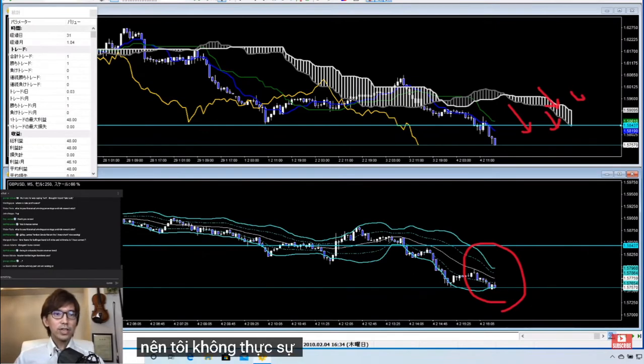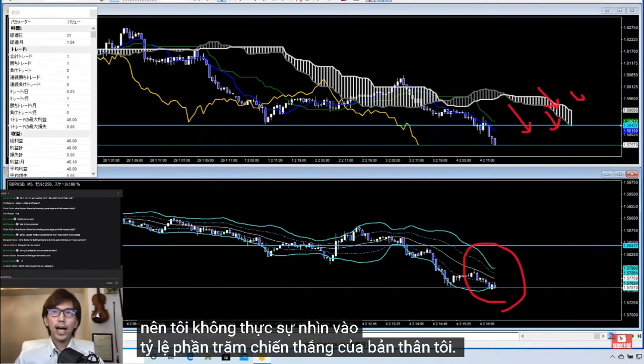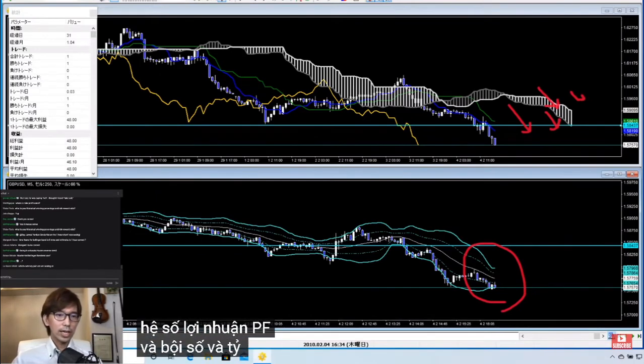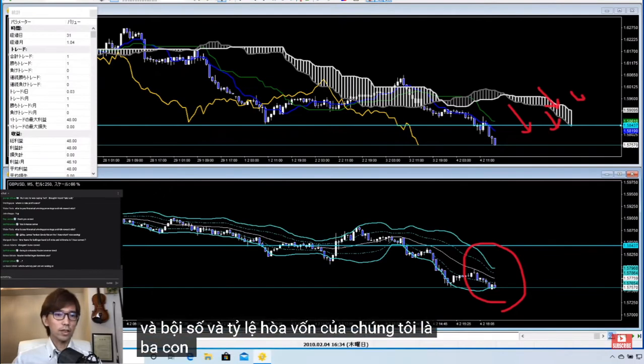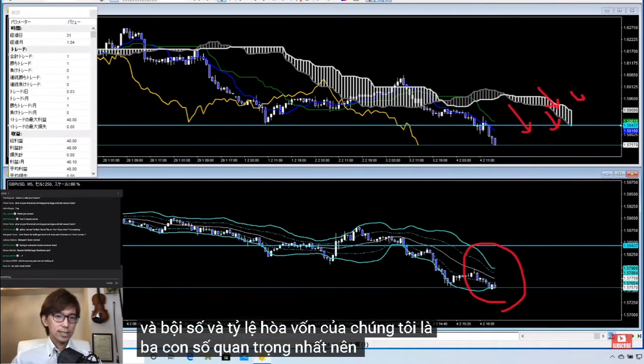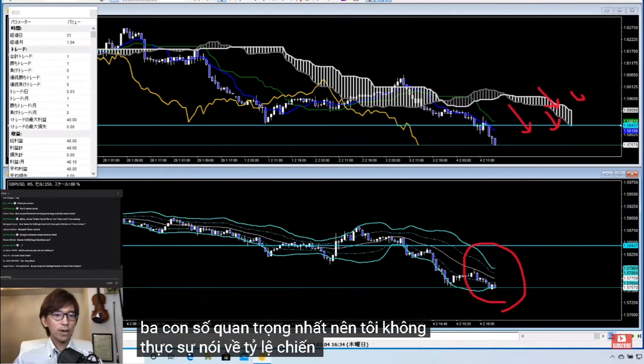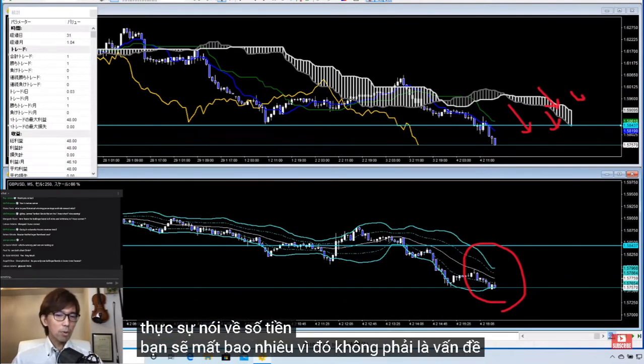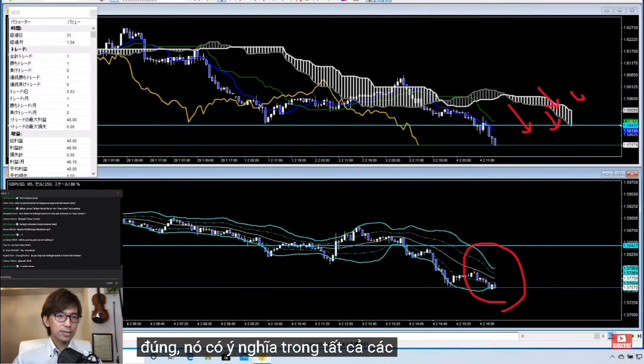So I don't really look at the winning percentage myself. I look at the PF, profit factor, and also R multiple and drawdown, which are the most important 3 numbers. So I don't really talk about winning rate. I don't really talk about how much to make, how much to lose, because that's not the point. Yes, it makes sense, alright?